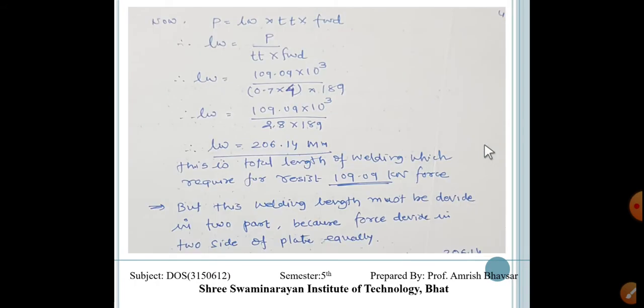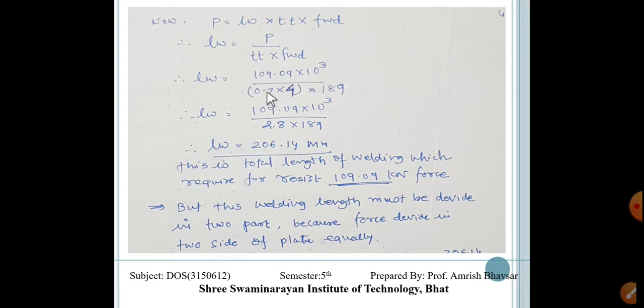Now we have all the things, so we can find out the length of weld with the help of this equation: LW is equal to P upon TT into FWD. I am simply making this as the master equation. So we have the value of P. What is the value of P? It is 109.09 kilonewton. But here TT and FWD are in Newton and mm, so we have to consider this P as Newton, so multiply by 10 raised to 3.